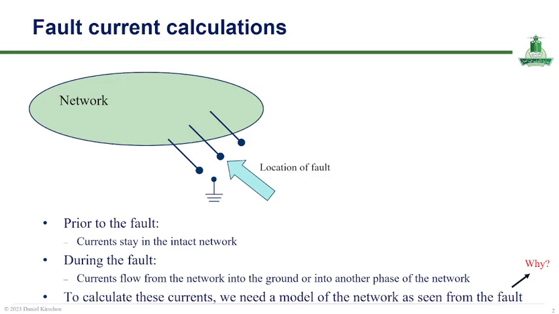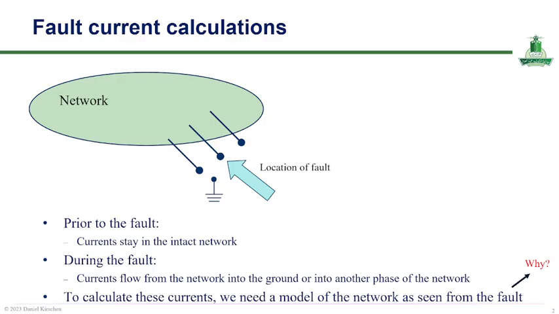All right. This slide introduces the concept of fault currents in power system, which is a critical parameter in the analysis and design of electrical networks. A fault current is the large current that flows when an abnormal condition occurs, such as a short circuit between phases or between a phase and ground.